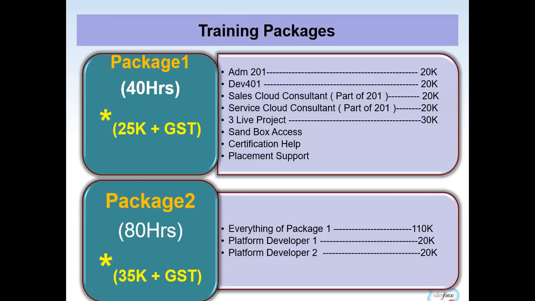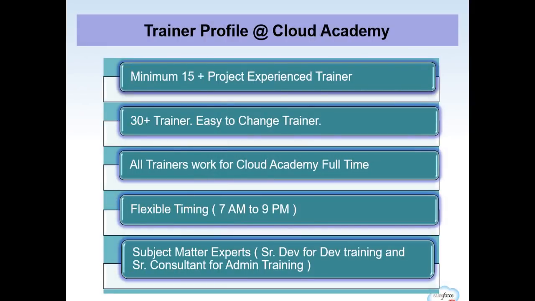It does not include your live project duration. Package 2 will take around 80 hours, a little plus or minus. The project time is not included in these 80 hours. So this is your training package and the cost information, right?